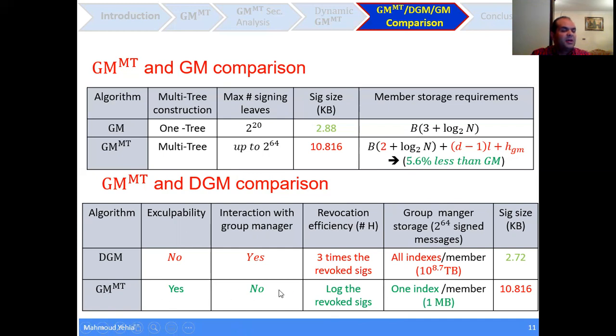But this is not the case for our scheme, where the group manager needs to store only one value per member. Accordingly, the storage for the same parameters will be 1 megabyte. And for the signature size, because our scheme is a multi-tree construction, the signature size in GMMT is larger than the one in DGM.